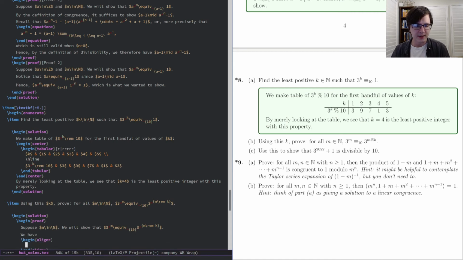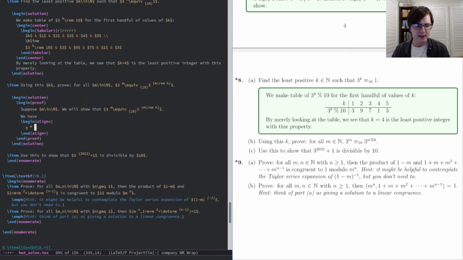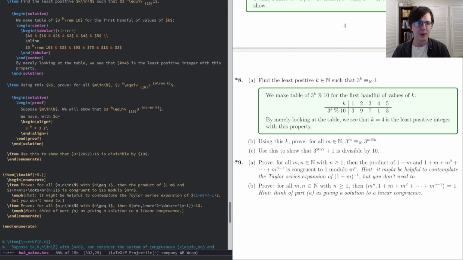We have that 3 to the m is equivalent mod 10. Well, it's actually just equal mod 10 to 3 to the power of m. What do I want to say? It's just the division theorem. So let's let q equal the division, so it doesn't have to be up in the exponent.